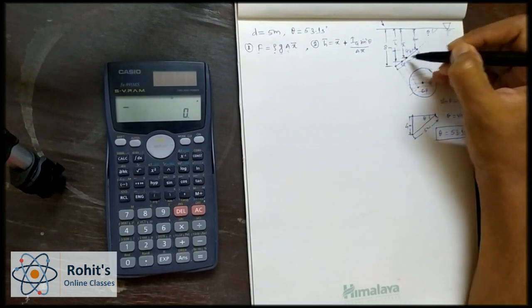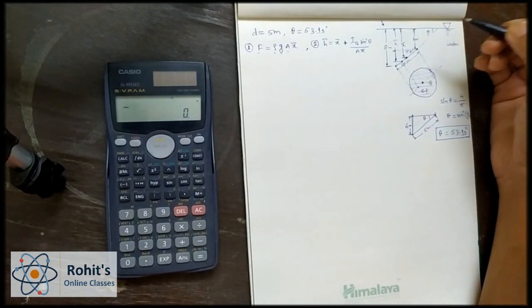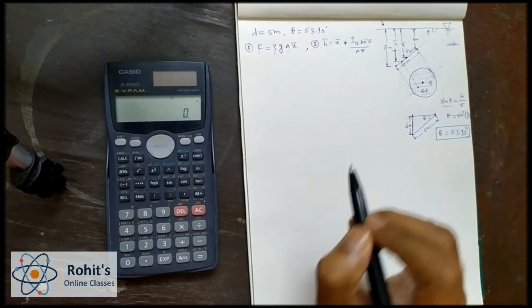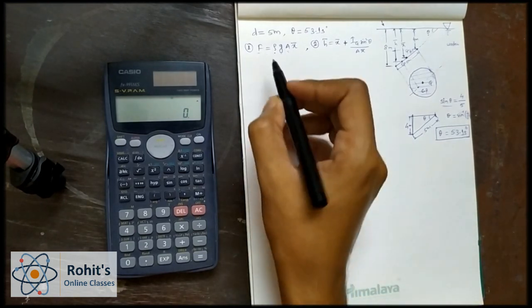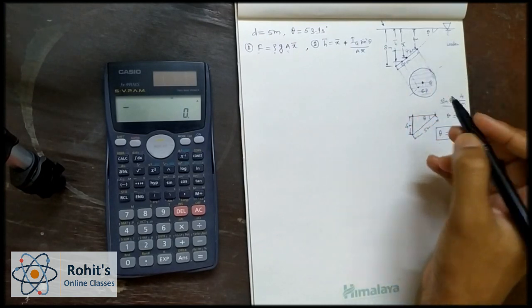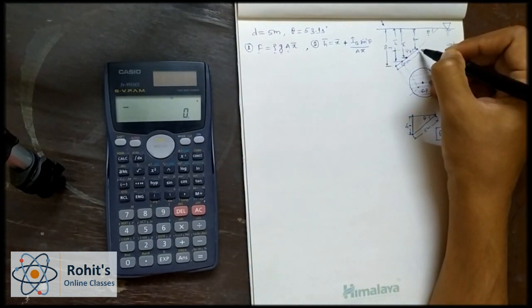So x bar can be found out by using this sine ratio again. How to find it out, we will discuss. In order to find this x bar, let us consider a small triangle. I will name these points.